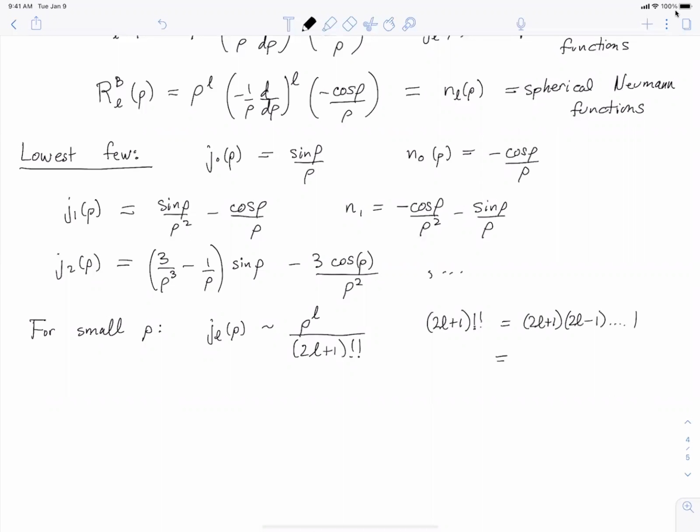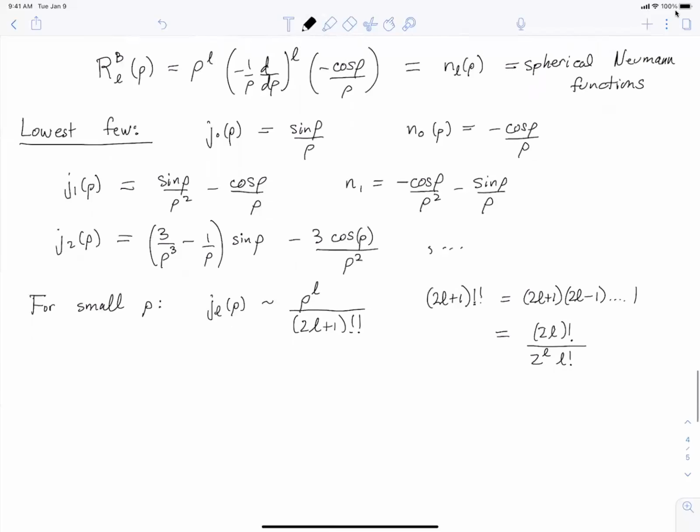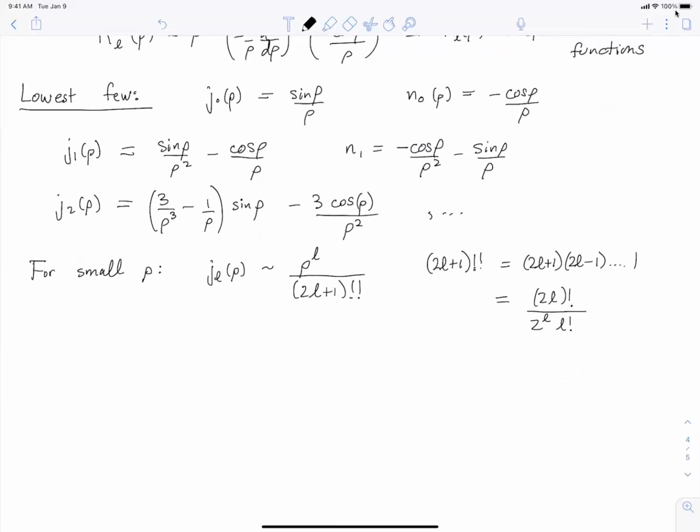Another expression for this is it's the quantity 2L factorial over 2 to the L times L factorial. So that's just a definition, but it turns out you also need this for minus 1, and minus 1 double factorial is just defined to be equal to 1.